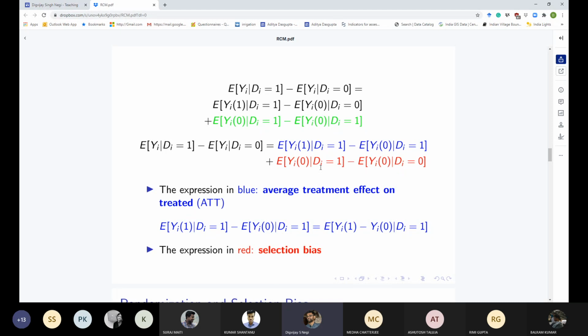Okay, the condition that you have to satisfy is that if the treated group was not treated, what would be their outcomes, and would those outcomes be on average the same as the outcomes of the control group? If that is the case, then you don't have selection bias.